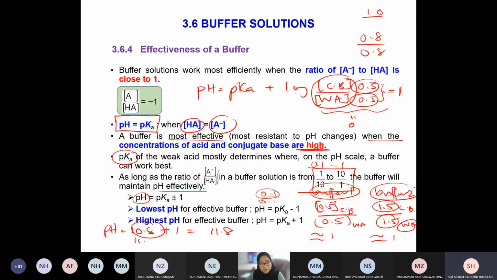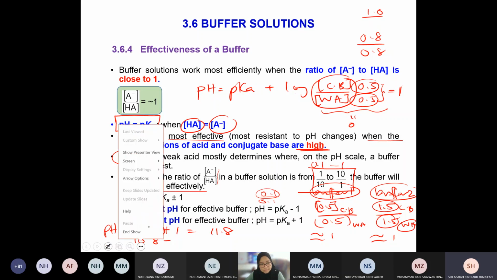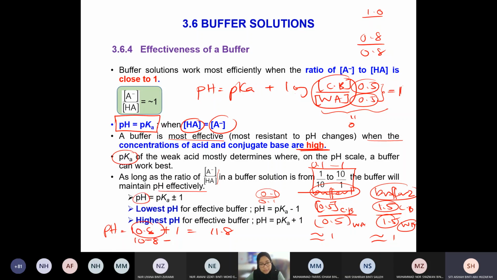10.8 tolak 1. Tolak 1 juga tu 9.8. So you punya range for pKa adalah 11.8, 9.8.